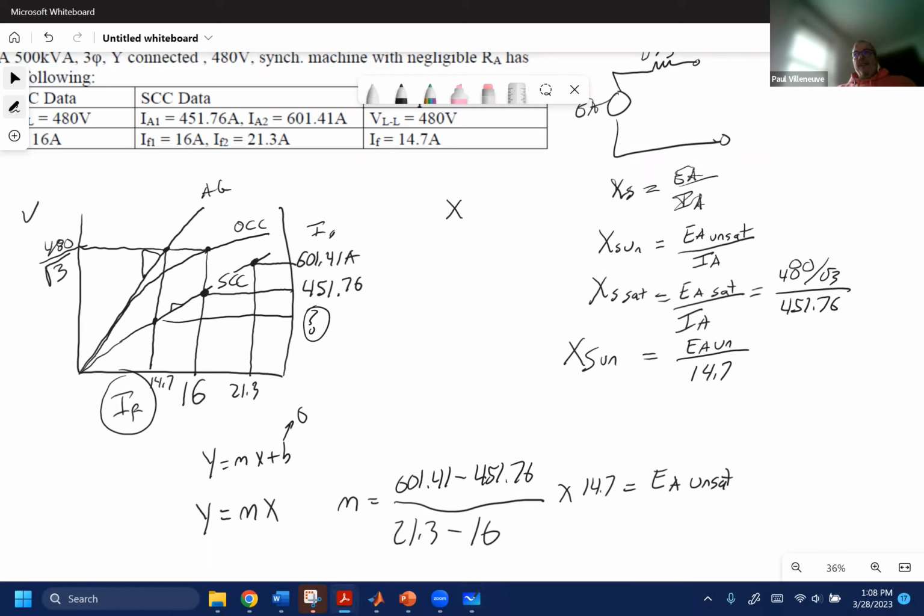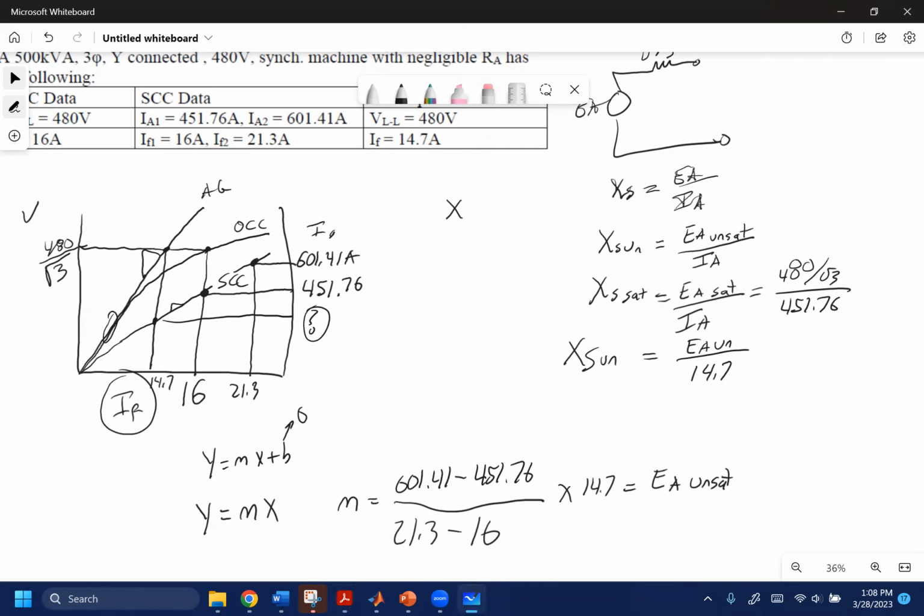Questions on that? Based on this chart, which may not be to scale, at 14.7 isn't the generator still saturated? Well, like you said, it's not to scale. The assumption is you would actually have to be further down here to get that value.